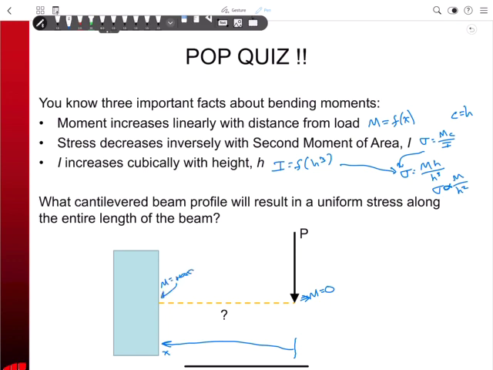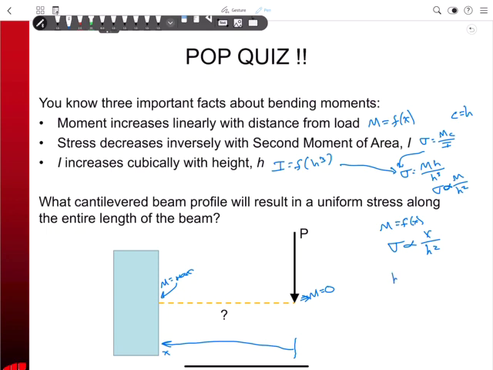So I'm going to say that moment equals some function of x linearly, which means that sigma is proportional to x over h squared.